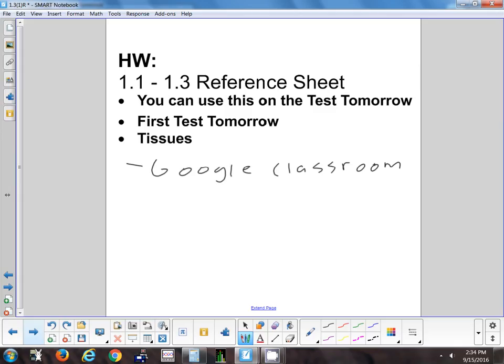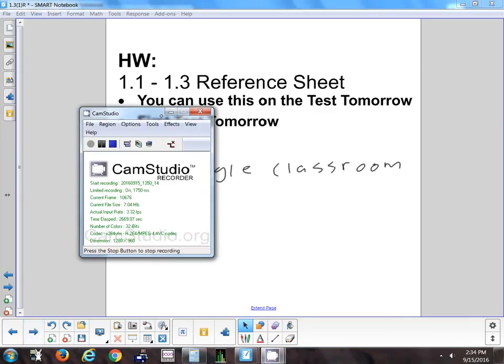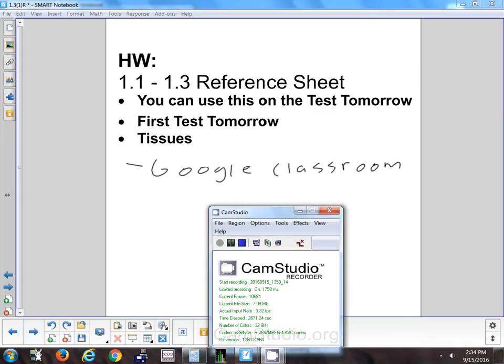Okay, and you don't have to memorize your answers you get on the Google Classroom. You can write them right here. You do not have to show any work on the Google Classroom. Show your work on the reference sheet problems, but not on the Google Classroom ones. Okay, and if you bring in the tissues, we also said we'd give you some points for that too. Okay, any questions on that? Okay, I will also be after school today for extra help if you did need to come see me today.